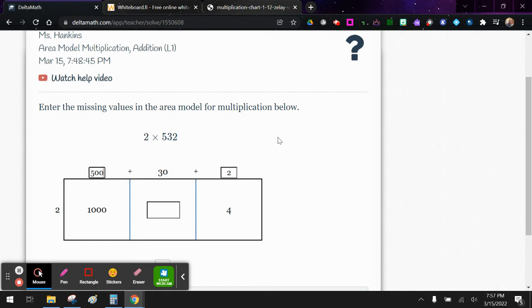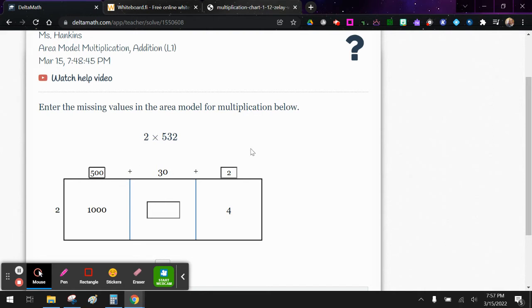So again, we've got 2 ones, that's $2, 3 tens, that's $30, and 5 hundreds, that's $500. Now again, double check yourself. If you add 500 plus 30 plus 2, you would get 532.